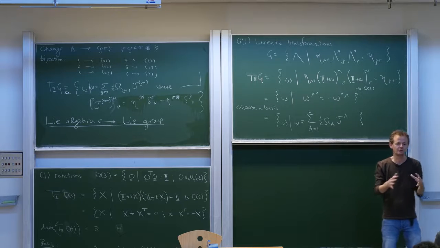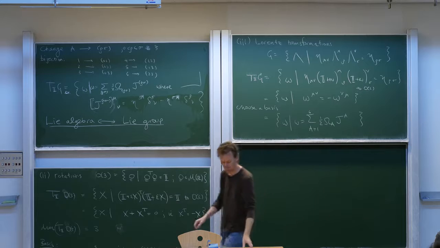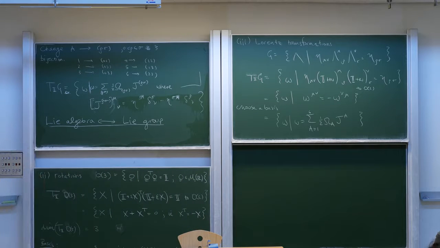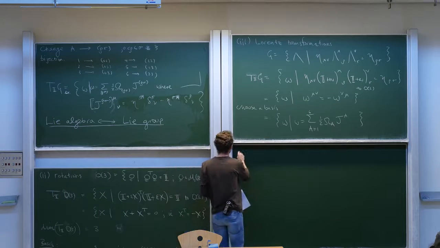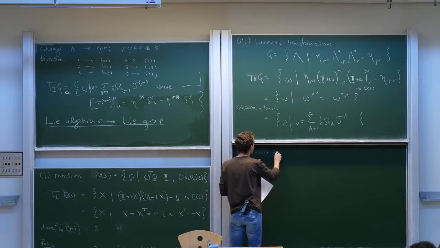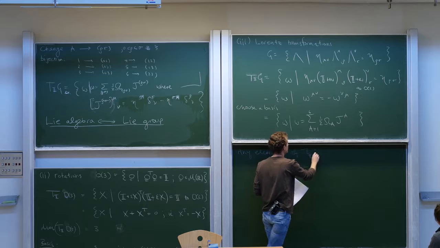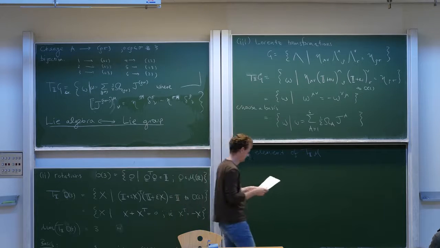So that strongly determines the shape of this manifold. So any element of the tangent space to the identity determines an element of the group.